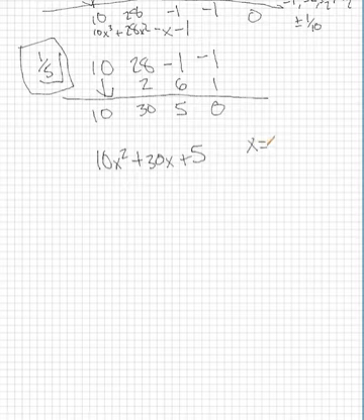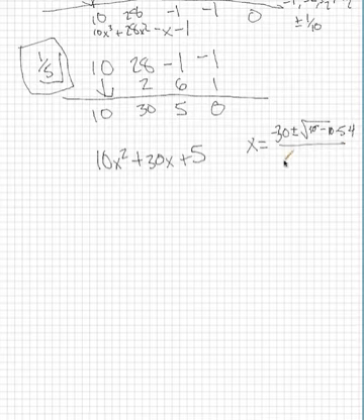We're going to do the quadratic formula. So it's -30 plus or minus the square root of 30 squared minus 4 times 10 times 5, all over 2 times 10, or 2a, which was 10.